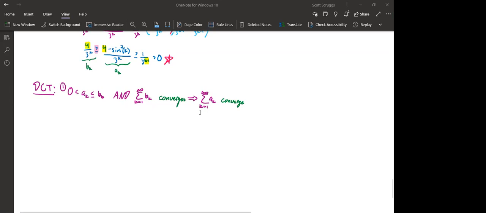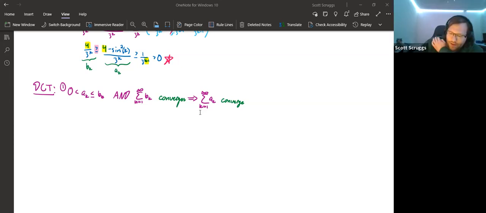So if the b_k diverged, to the second part, would that just not tell us anything about it, or tell us that the a_k converge? Or sorry, correct.